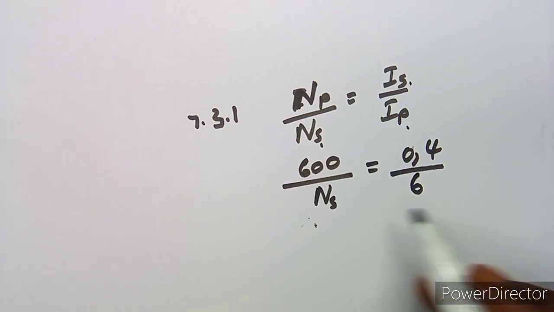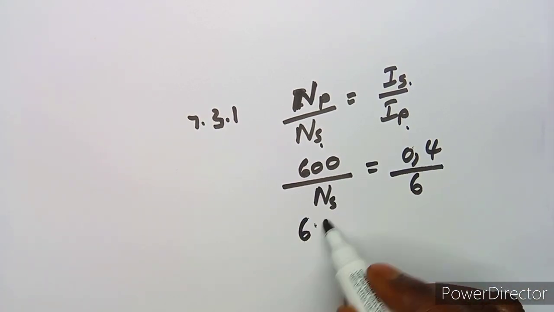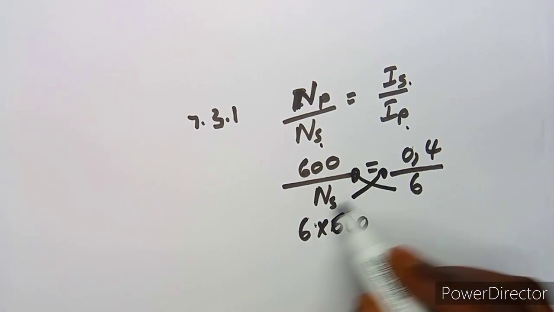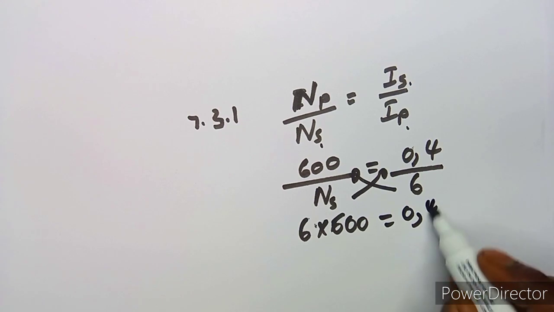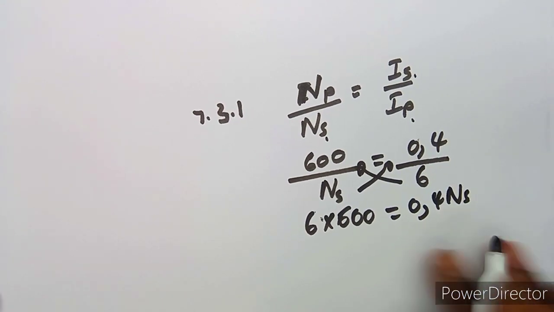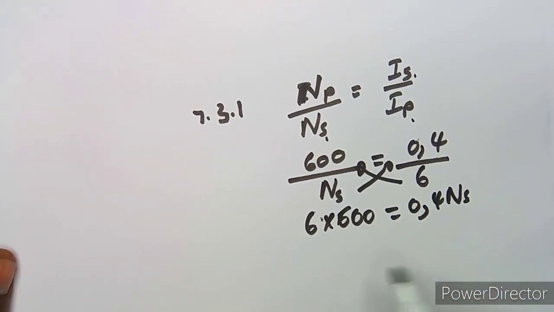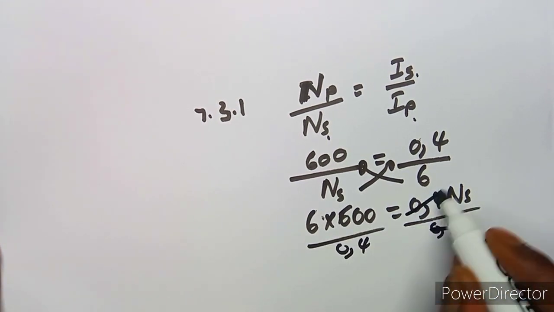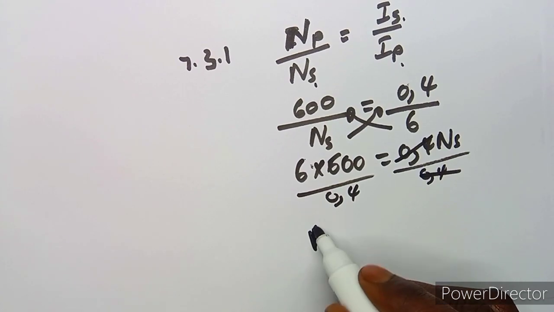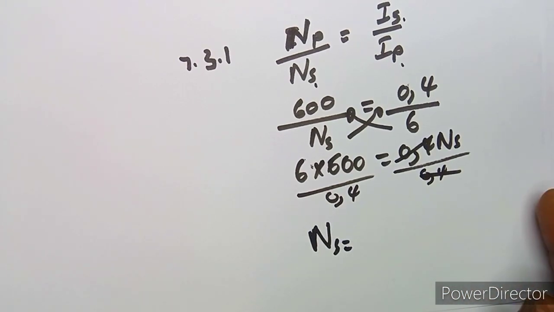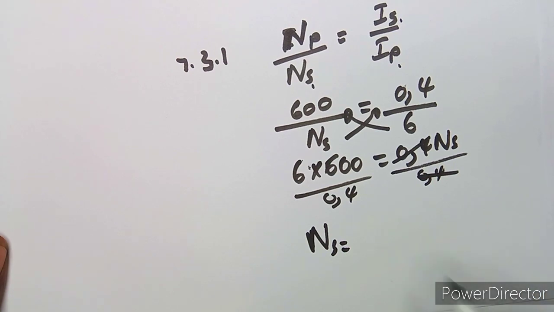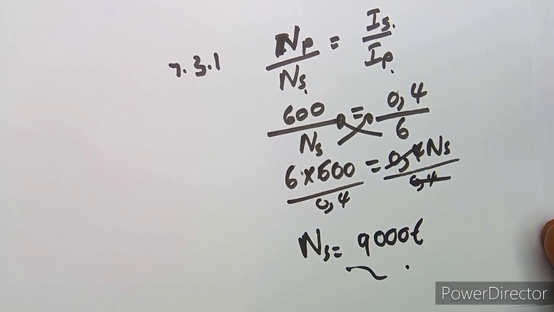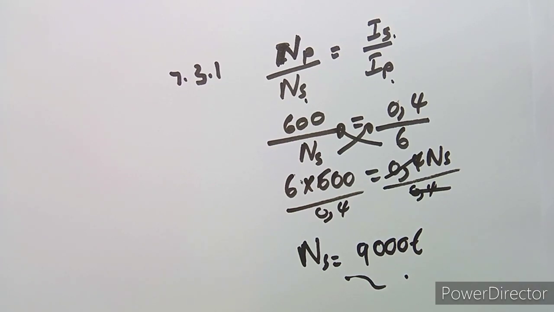Cross multiply, which is going to be 6 times 600 equals 0.4 NS. Then divide by 0.4 on both sides. So the number of turns on the secondary is going to be 9,000 turns.